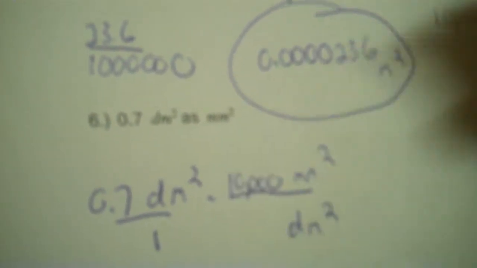So 10,000, 1. So 0.7 times 10,000, 7,000. 1 times 1 is 1. Then divide it, it's 7,000.